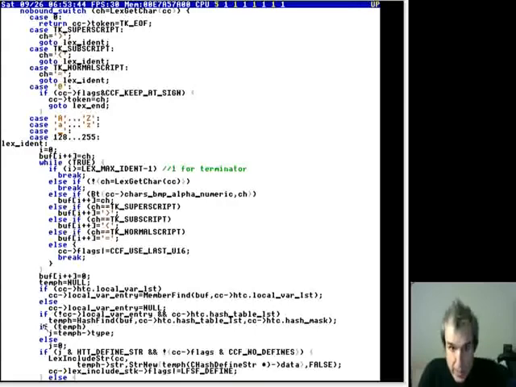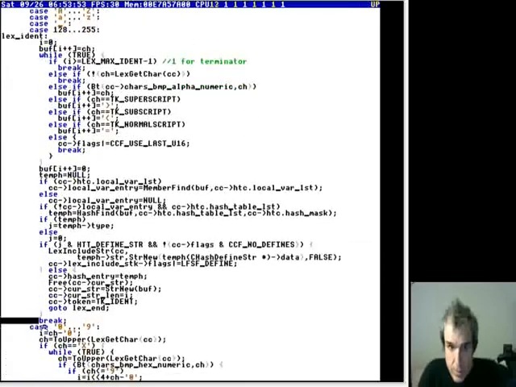The lexical analyzer looks in the hash table and sets the hash entry off the compiler control, and there's that string.